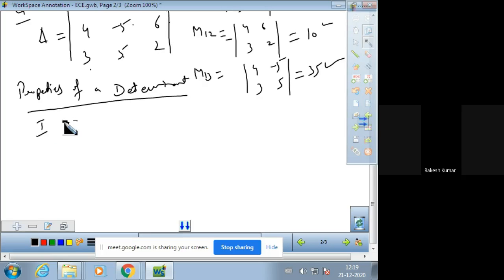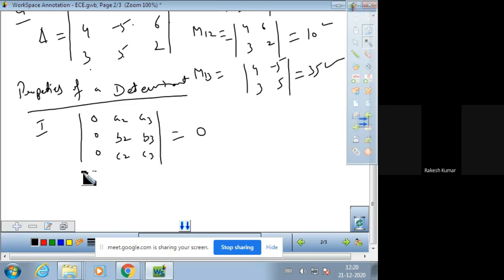The first property is, if each element of a row or a column of a determinant is zero, means to say that whether it is any row or any column, if every element becomes zero and the remaining elements are similar, like this is C2, C3, so every element of this column is zero, then its determinant will be zero. This is your first property.